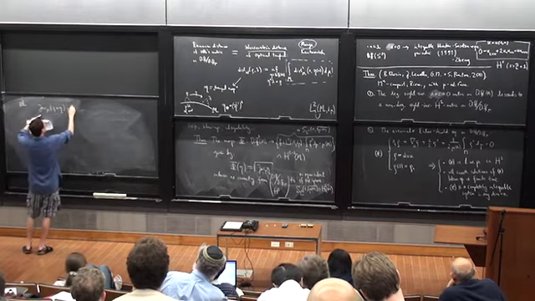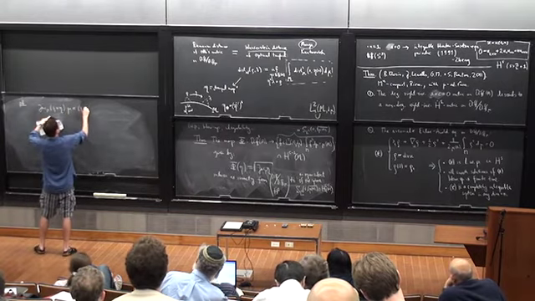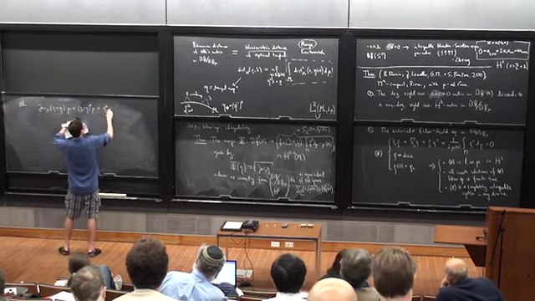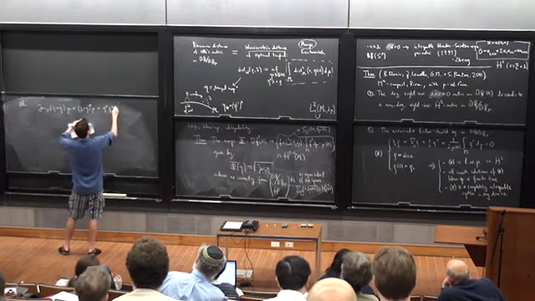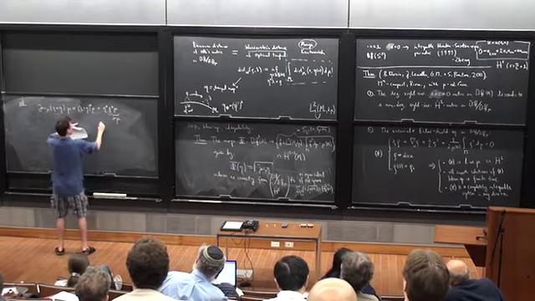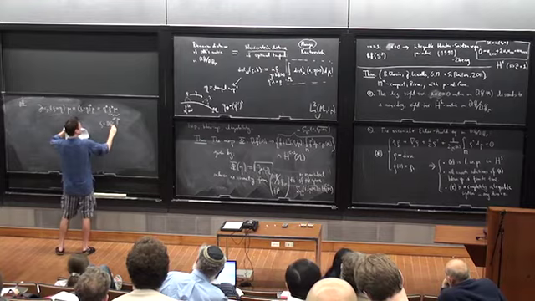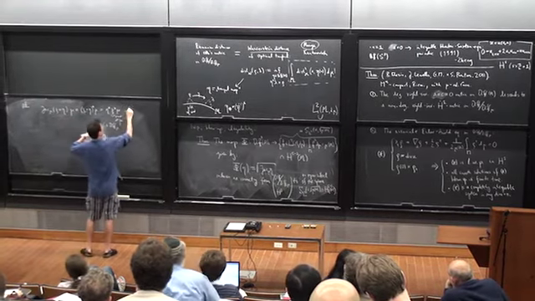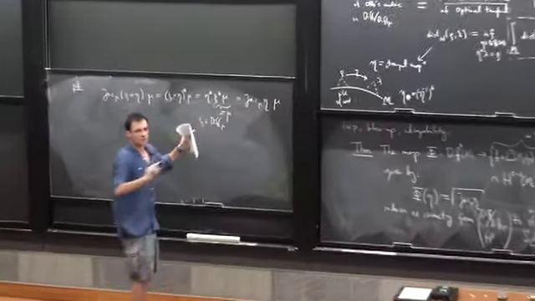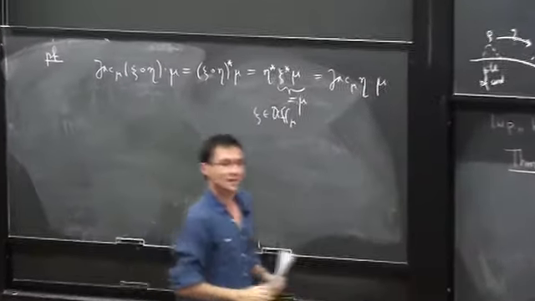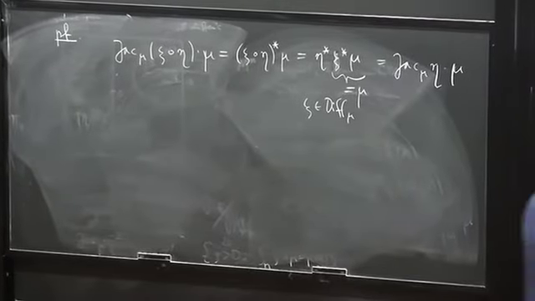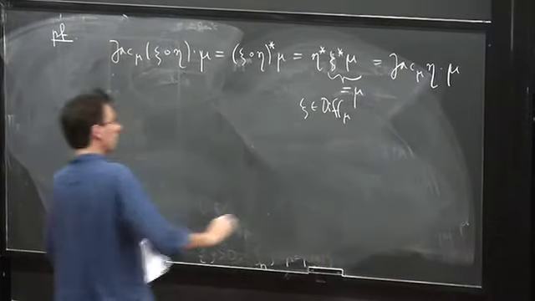Say I multiply this by μ, so this is the pullback by η of the pullback by ψ of μ. If ψ is volume preserving, then this is just μ, and we get the Jacobian of just η. So it's these types of considerations that tell us this map is well defined, that it maps into the correct space.